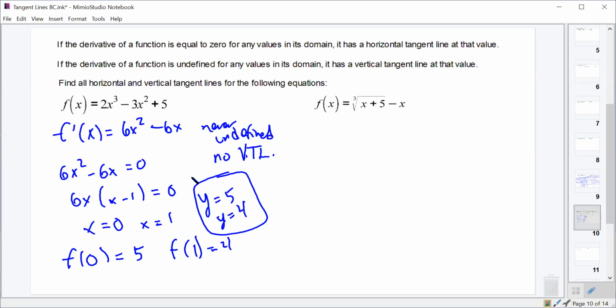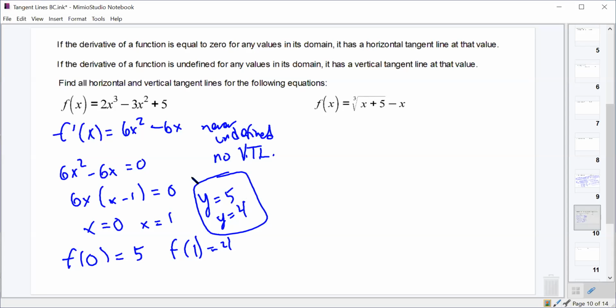Adrian, at corners, no, there's no vertical tangent lines. At cusps, there are also not vertical tangent lines because the cusps show up. Well, let me think about that. Cusps at a vertical tangent line.